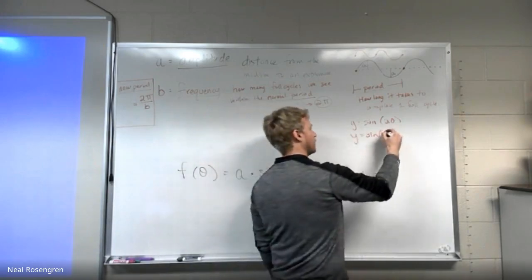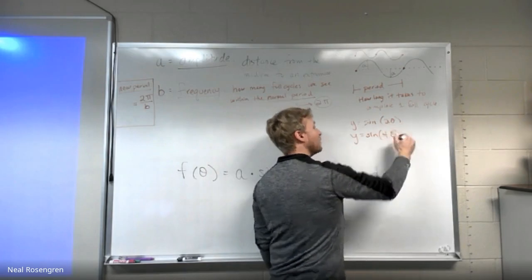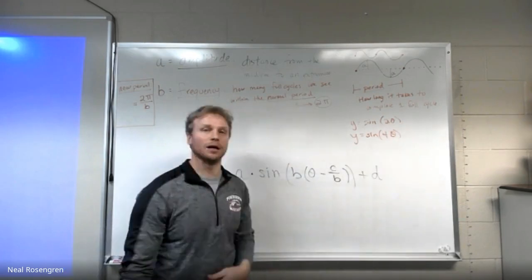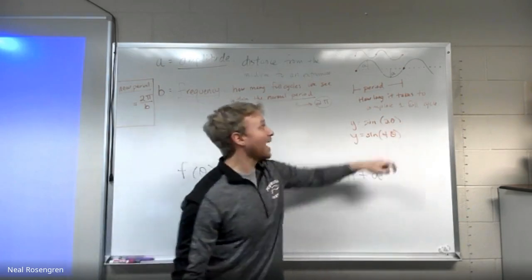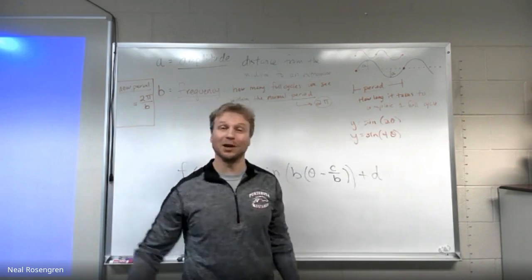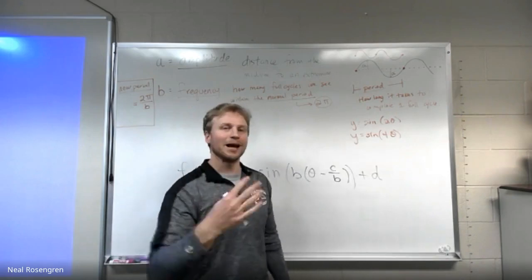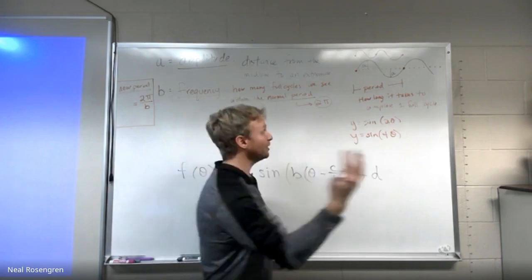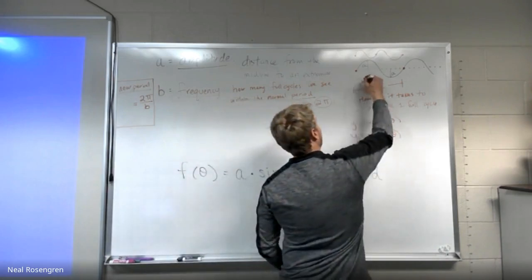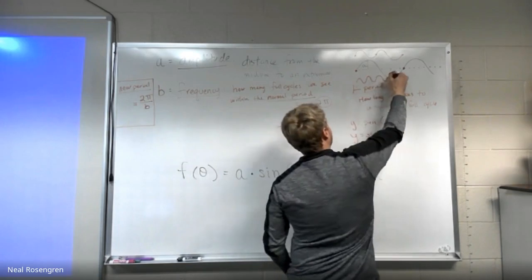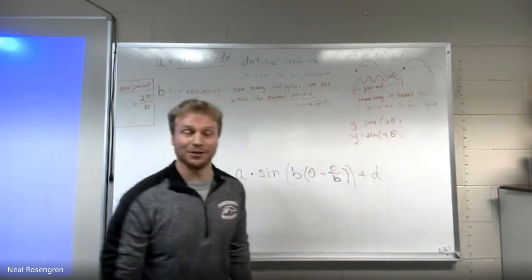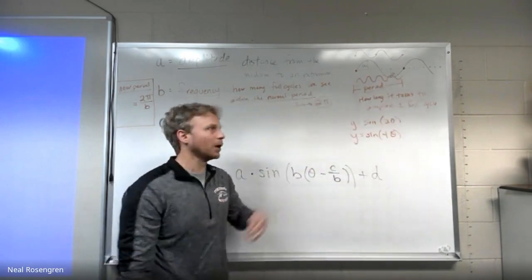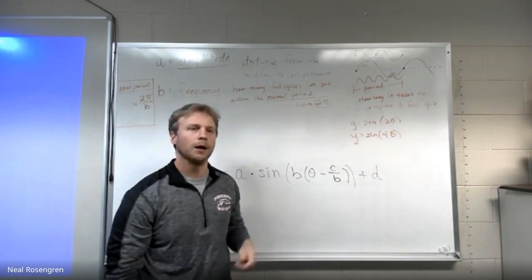Right? And so if we had something like y equals sine of 4 theta, what that tells me is I've got a frequency of 4, which means I'm going to be able to get through 4 full cycles. 1, 2, 3, 4 full cycles of sine within my normal period of 2 pi.